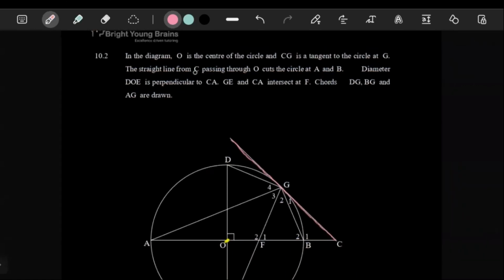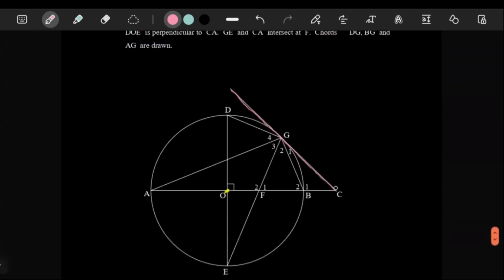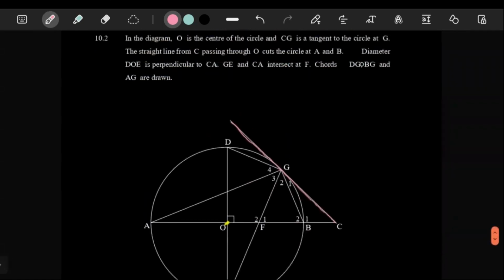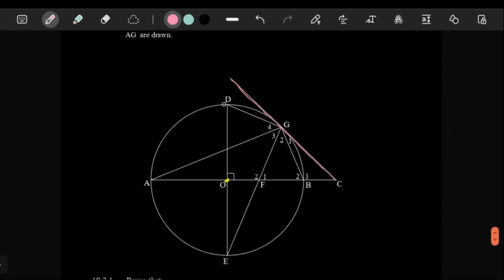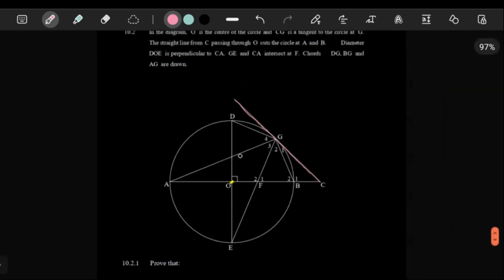Then he says the straight line from C passes through O, going to A. Then he says here, it passes through A and B. Then he says DOE is a diameter, fine. So these lines are equal, and then these lines are equal, fine.